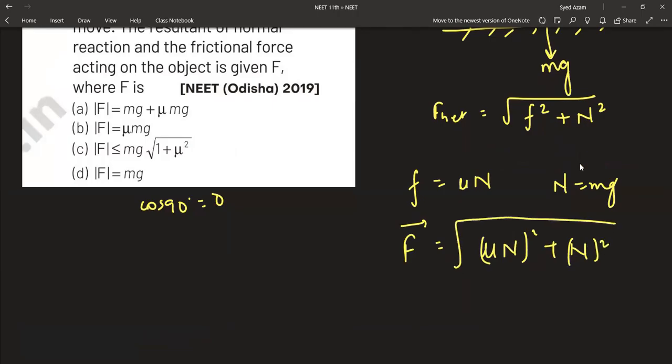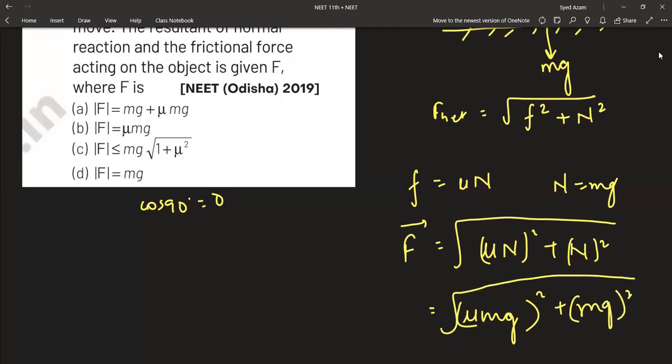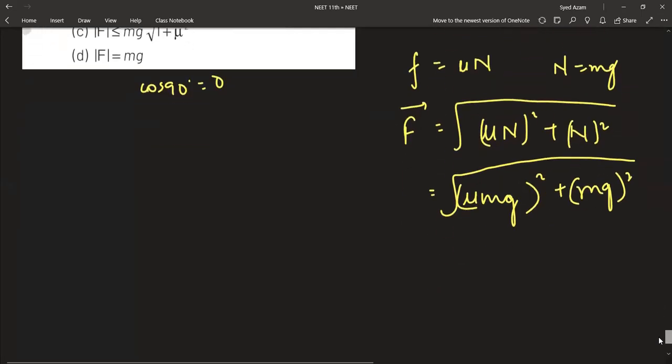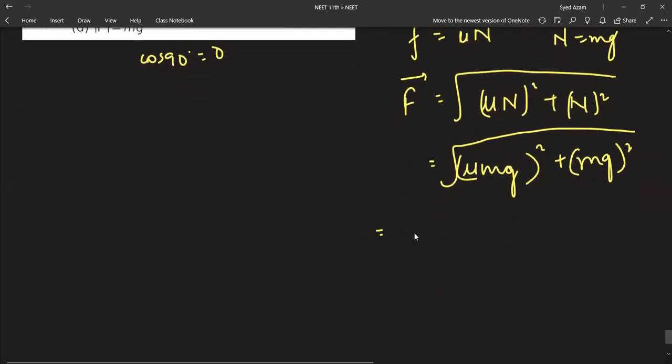N can be written as mg. So this will be mu mg whole square plus mg, normal reaction is equal to mg. Now, mg, if I take out, under root 1 plus mu square will be left.